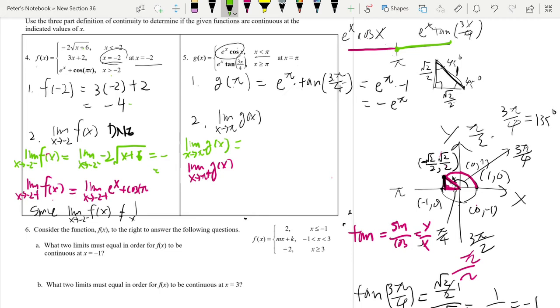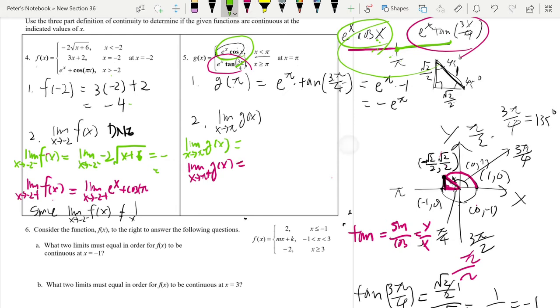We're using this guy. Left of pi, we use this one, and for the right side, you have to use this guy.